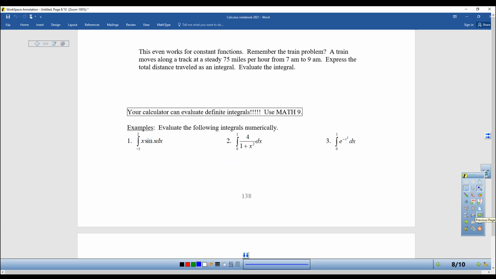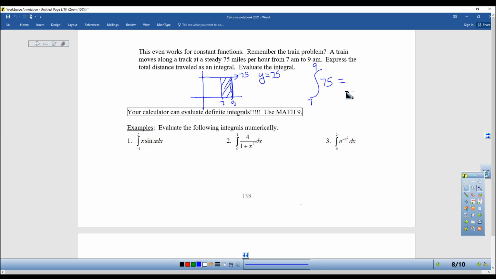And of course, this also works for constant functions, just going way back to the concept of the train, where it was going at a steady rate of 75. So just y is equal to 75 from 7 to 9. The area under the curve is still the integral.